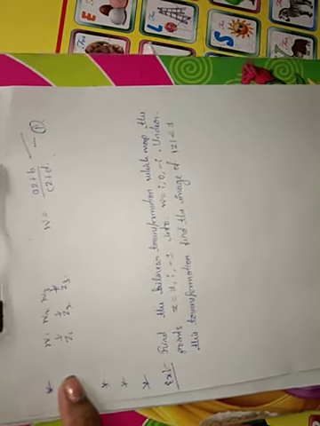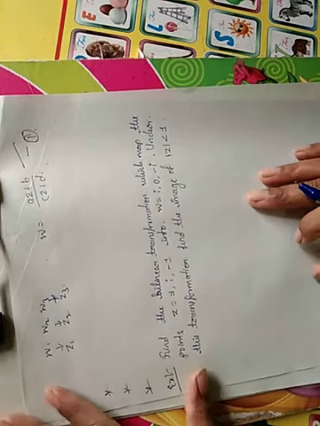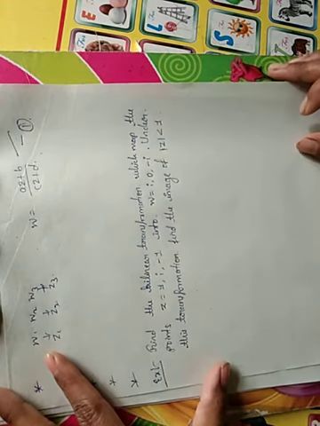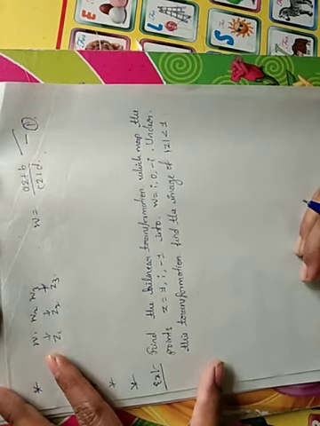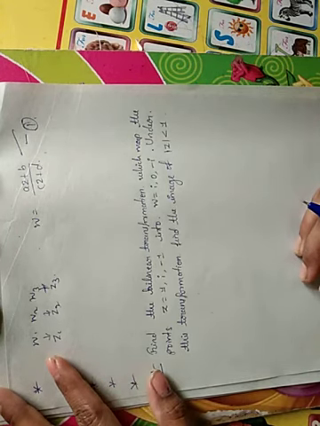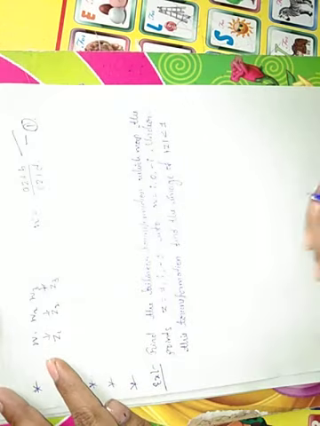Find the bilinear transformation which maps the points Z equal to 1, i, minus 1 into W equal to i, 0, minus i. Under this transformation, find the image of mod Z less than 1.